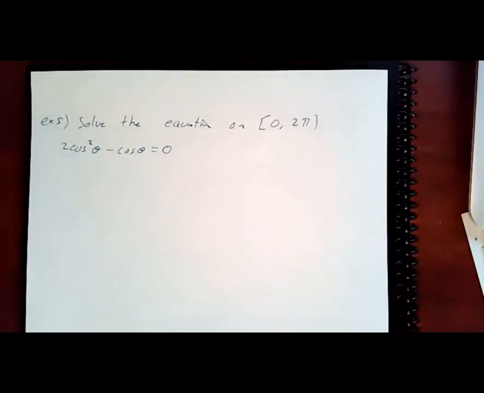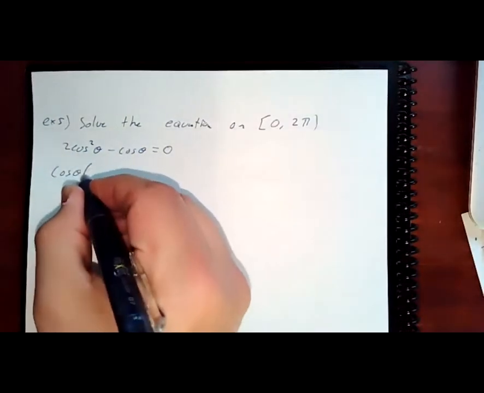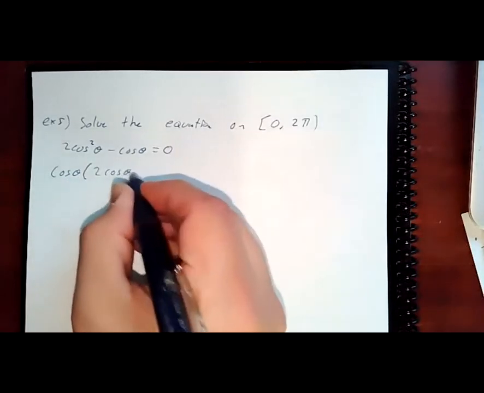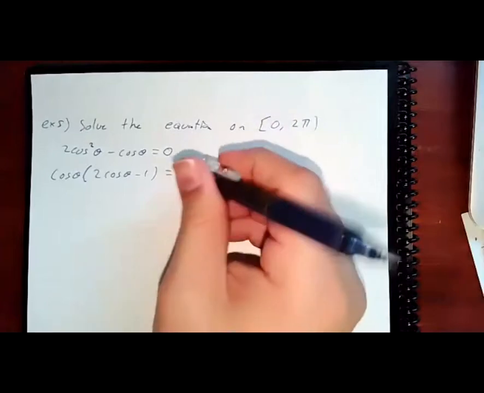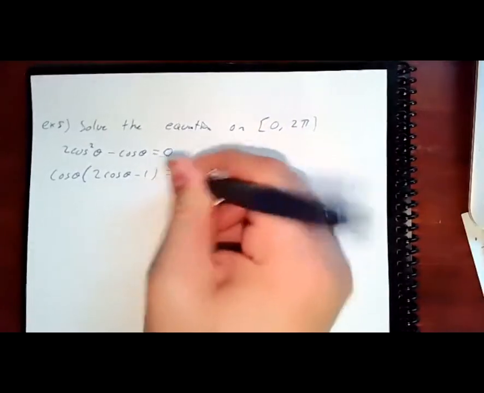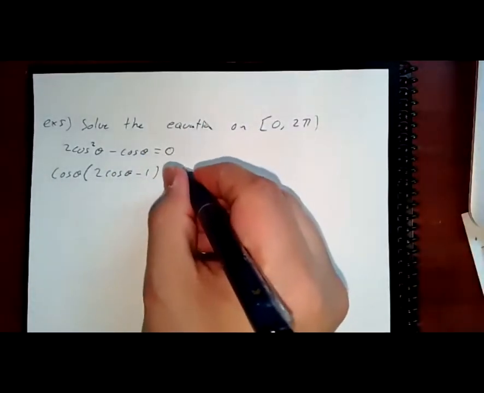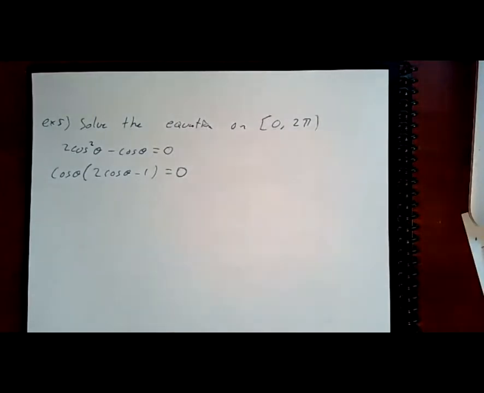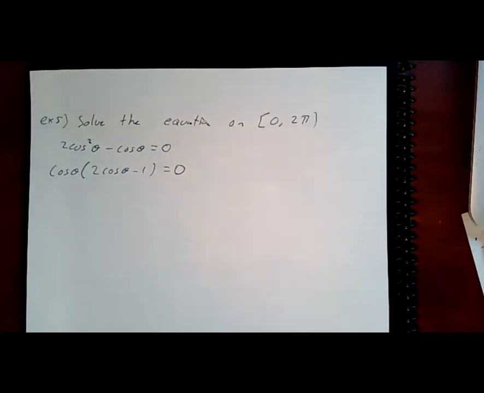Okay. So you need to treat this like a quadratic equation, because that's what it is. See how they have a cosine in common? So you factor the cosine. Now we have cosine theta times 2 cosine minus 1, equal to 0.